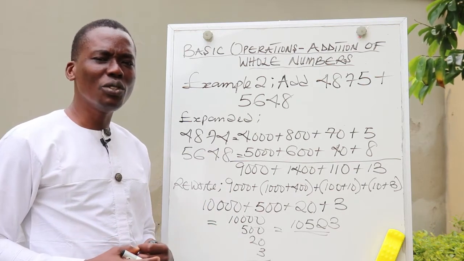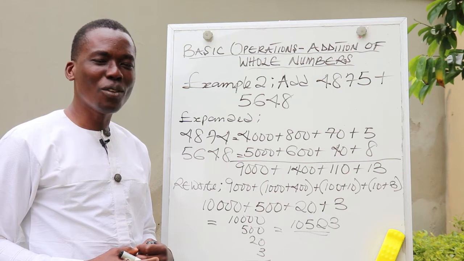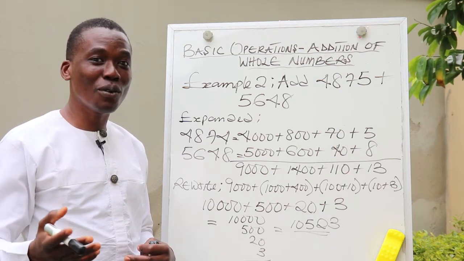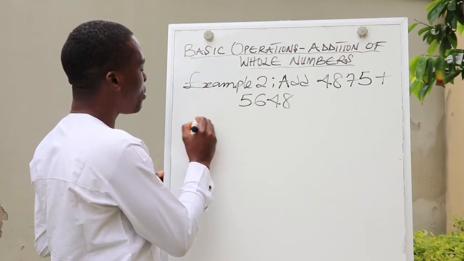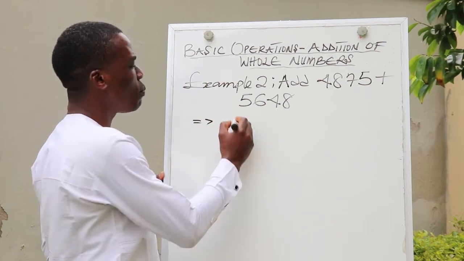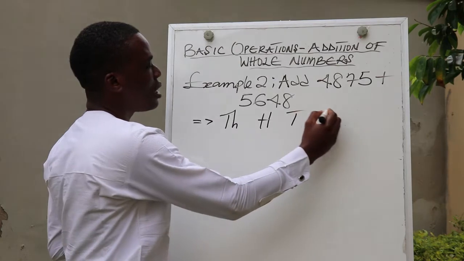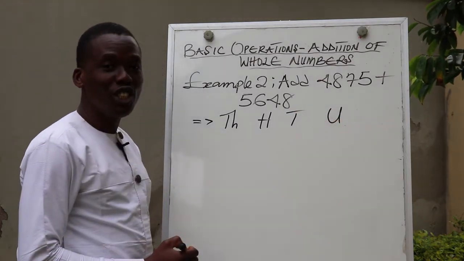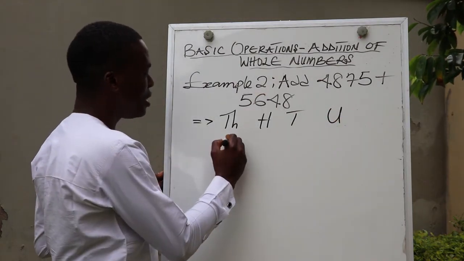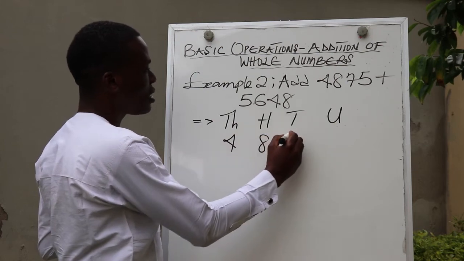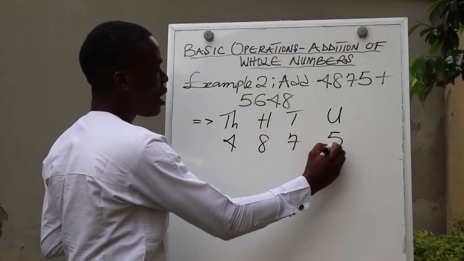Another simplest method you can use in adding these numbers is using the digit form method. In the digit form method, all you need to do is to put their numbers in the thousands, in the hundreds, in the tens, and what? In the units. Now let's arrange. This will give us 4, 8, 7 and what? And 5.